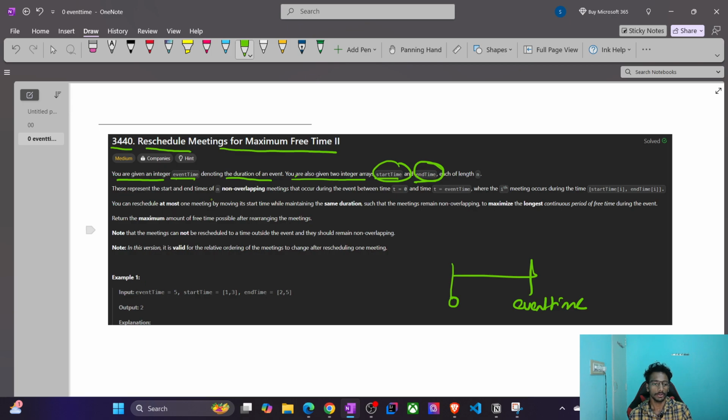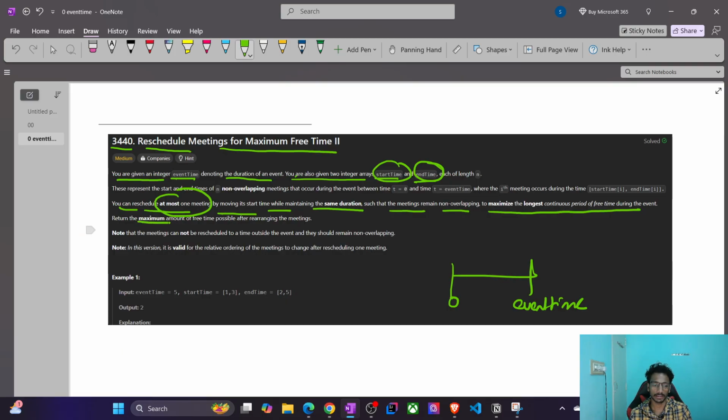In this second variant, you can reschedule at most one meeting, and in the previous variant 1 you could reschedule at most k meetings. You reschedule by moving its start time while maintaining the same duration, such that the meetings remain non-overlapping, to maximize the longest continuous period of free time.